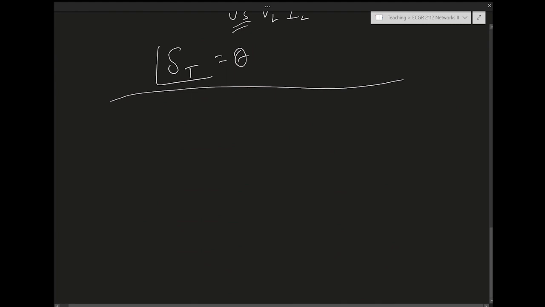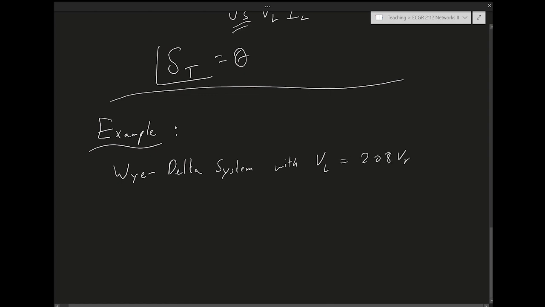Okay, so let's do an example. So we have a Y delta system with a line voltage VL being 208 VRMS.